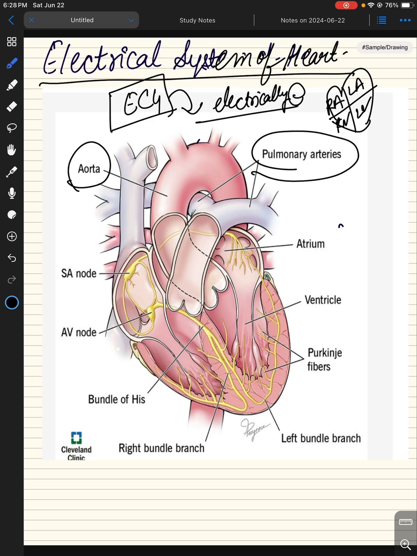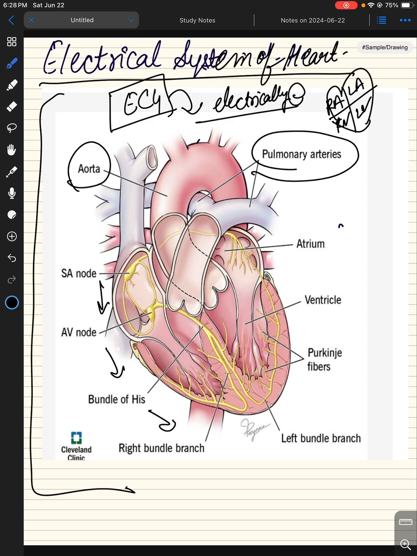Same thing, the heart has this whole electrical system, from where the electrical signal will travel step by step to maintain the complete distribution of blood flow among the heart and through the rest of your body. So okay, let's get started.